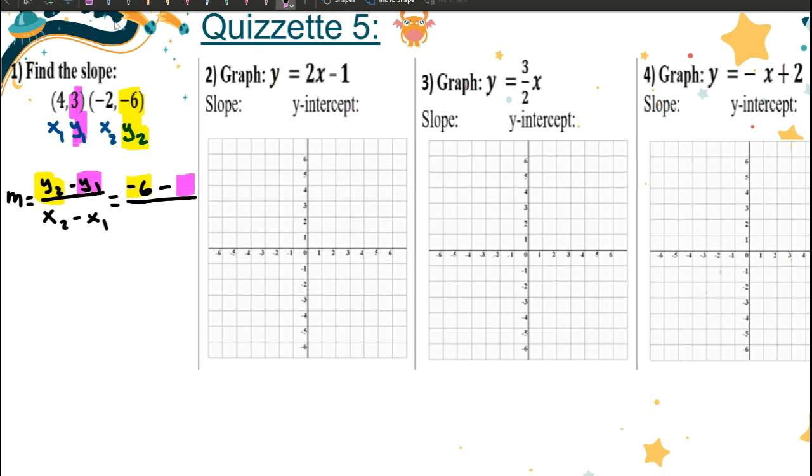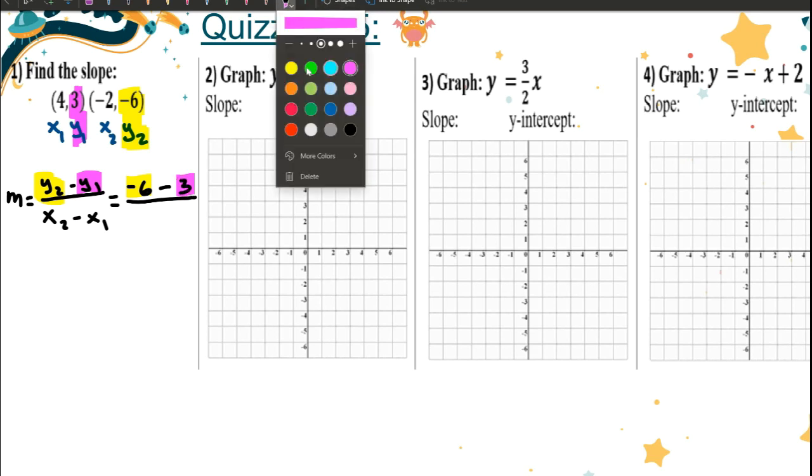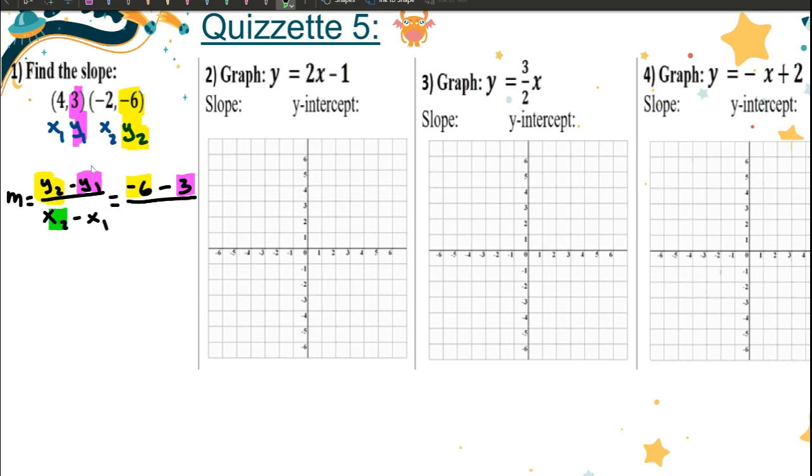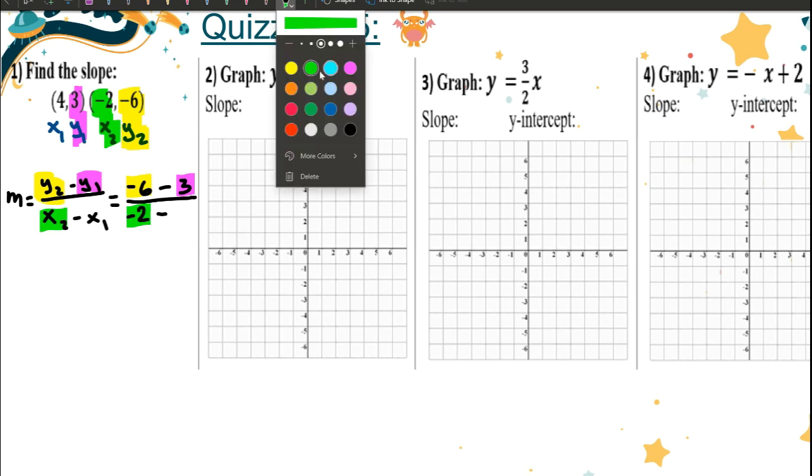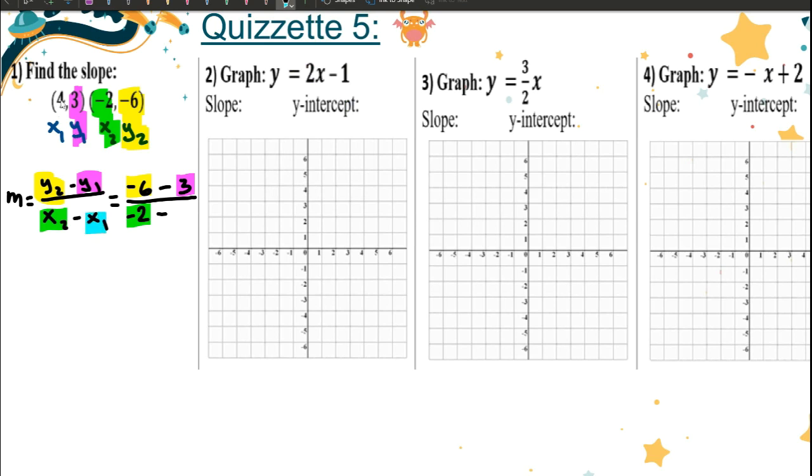So y1 will be 3. x2 will be -2, so x2 is -2, minus x1, which is 4. Minus 4. All right, that is the first step, plugging in the numbers.